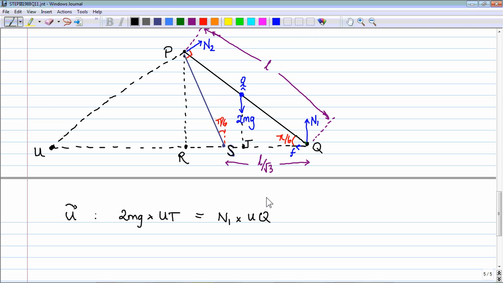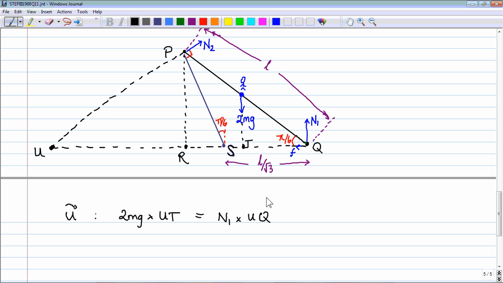Now the easiest way I think to get UR is to observe the angle. The triangle QSP is isosceles.